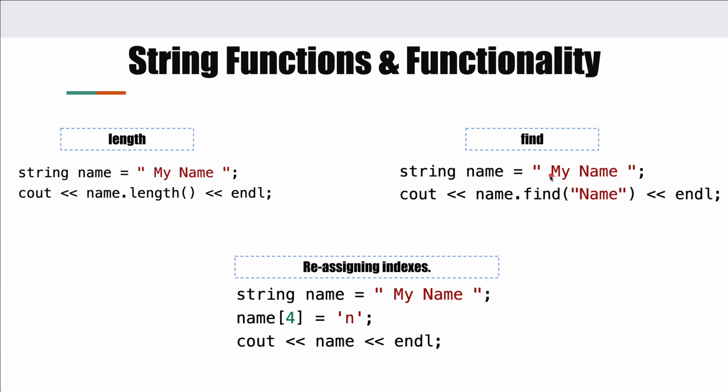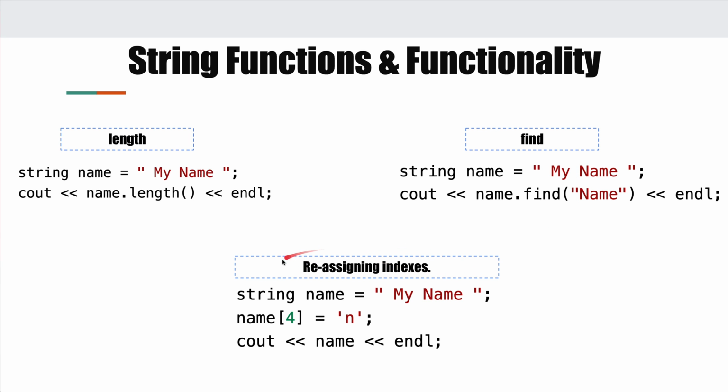So let's recap that. If name exists in this string, which it does, it's going to return the index of this n here because that's the start of that string. So if you wanted to find where something was in another string, you go name.find, you pass it what you want to find. If it exists, it'll return that. If it doesn't exist, you're going to see some really weird stuff print out. So be careful for that.